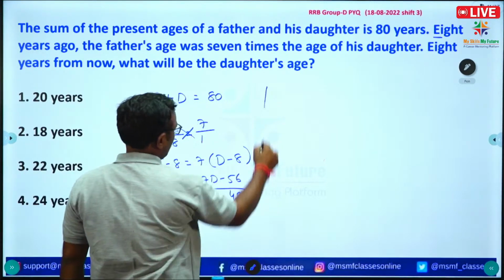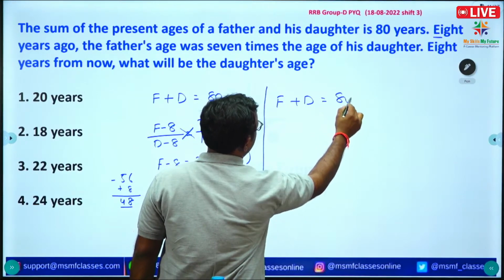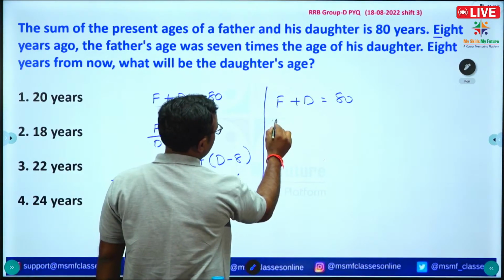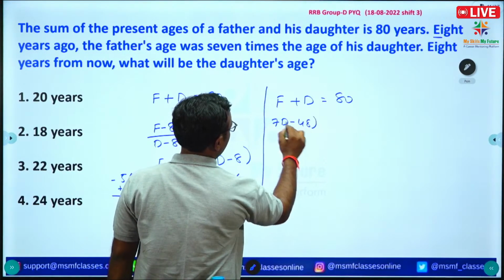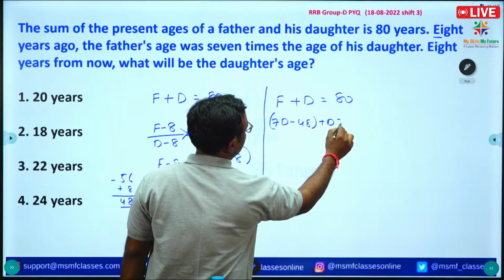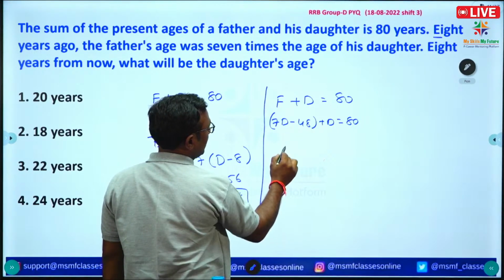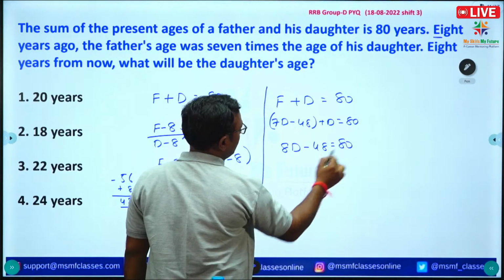Sum of father age and daughter age is 80, so 7d minus 48 plus d is equal to 80. So 7d plus d we get 8d minus 48 is equal to 80.